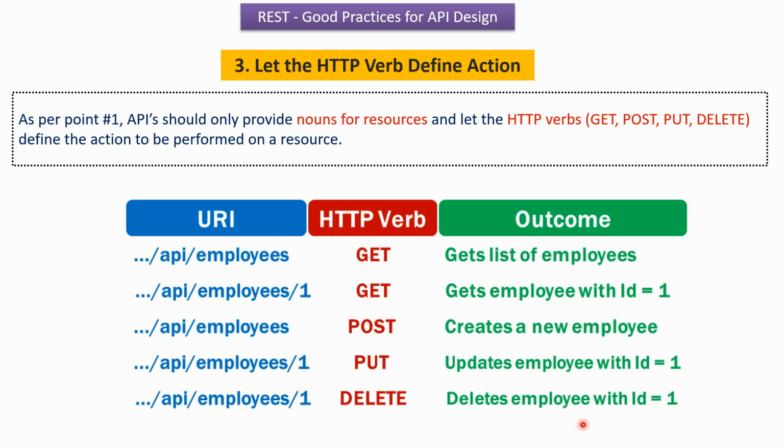To delete an existing employee, we use this URI and the HTTP method DELETE. For get, update and delete, we are passing the employee ID which we want to get, update or delete. In this case, the employee ID is 1.